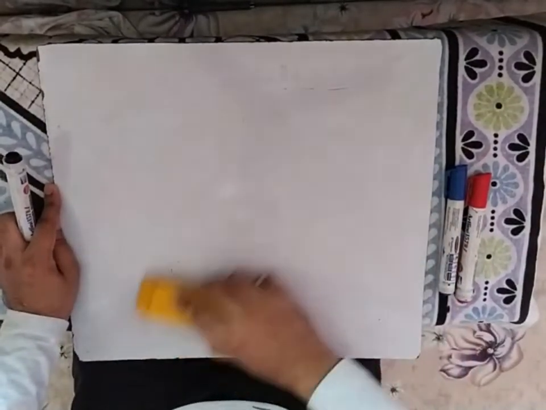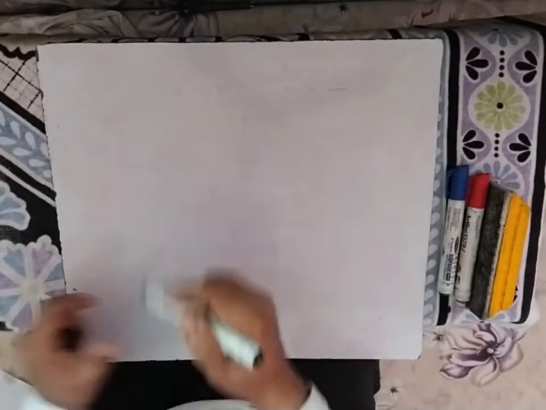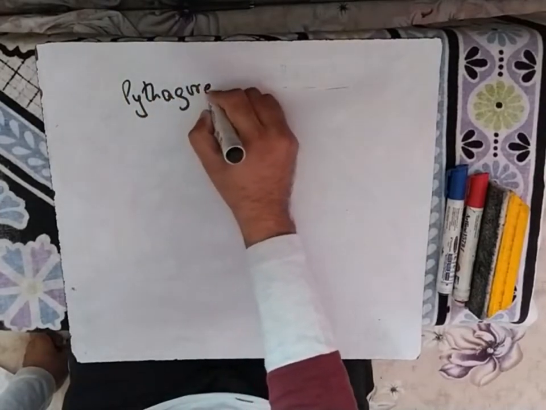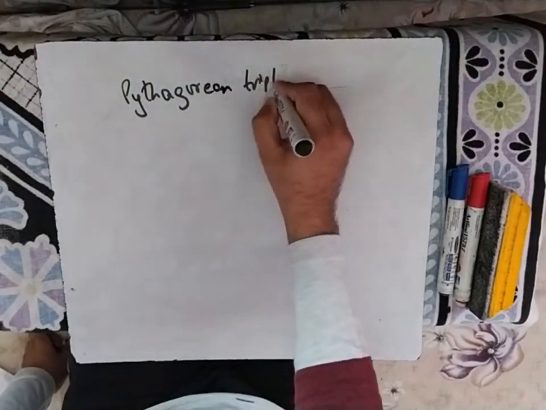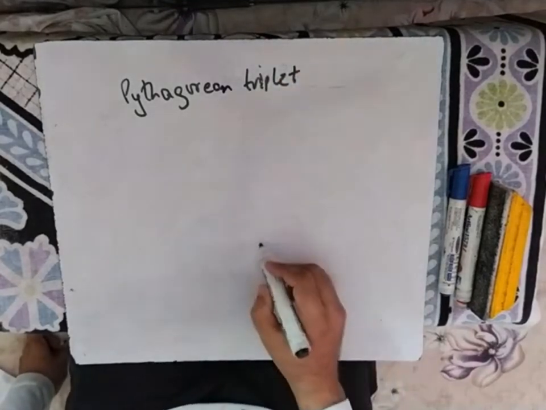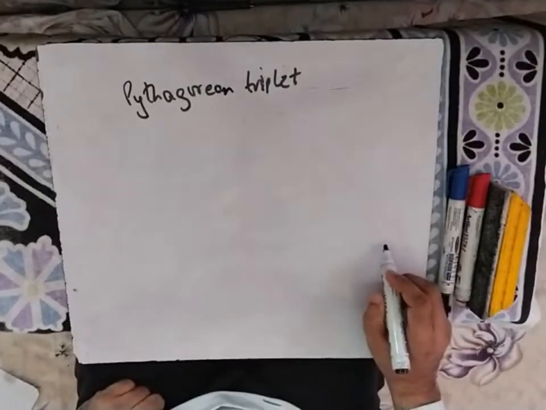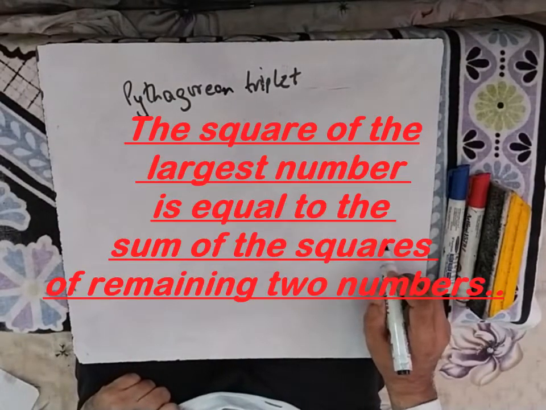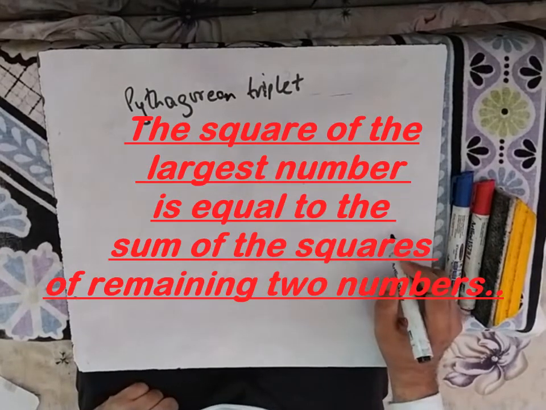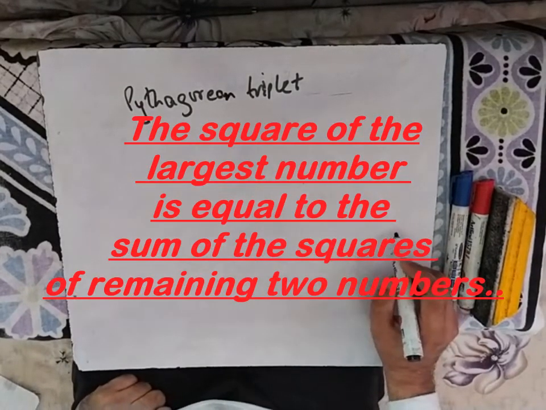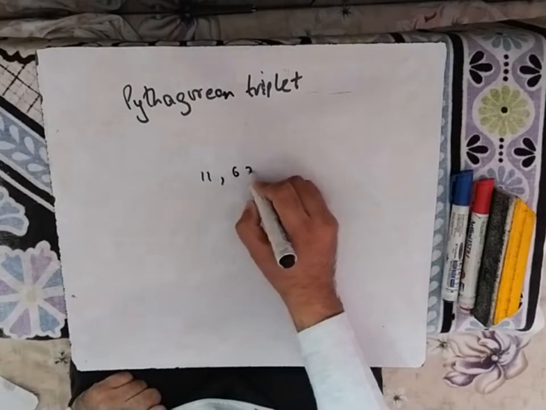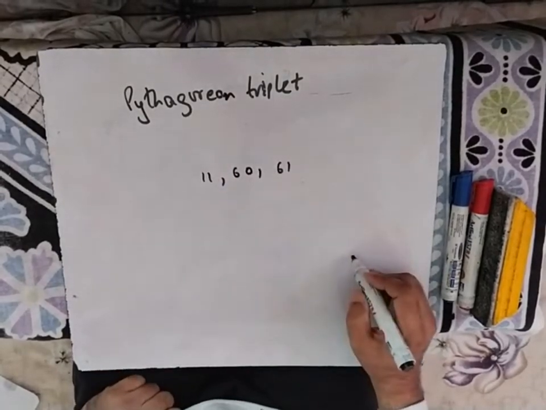Next we come on to Pythagorean triplets. Pythagorean triplets is a group of three natural numbers such that the square of the largest number is equal to the sum of the square of the remaining two numbers. One example of Pythagorean triplet is 11, 60 and 61.